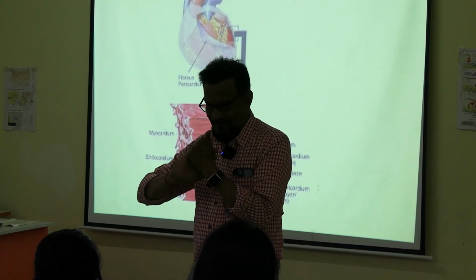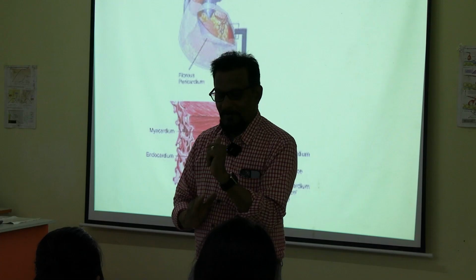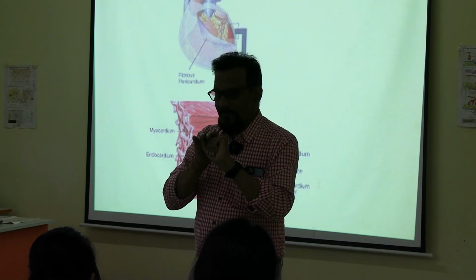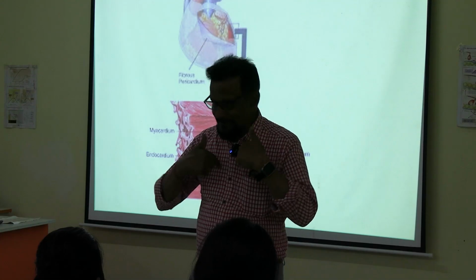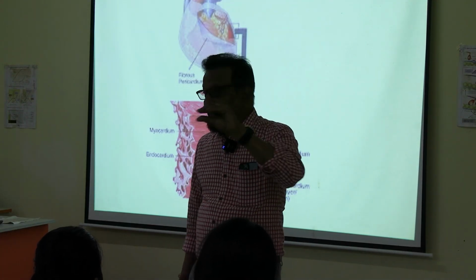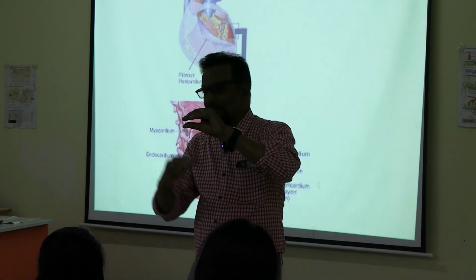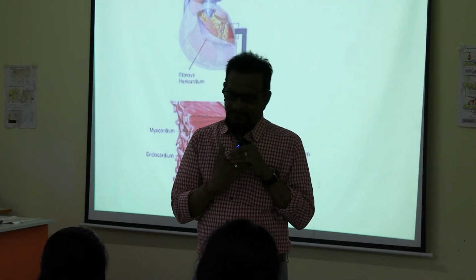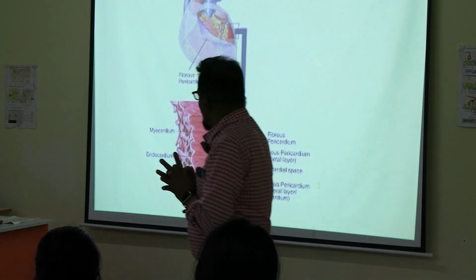Epithelial layer outside, connective tissue inside. Now think of the valves present in the heart. The valves also are made up of the same: outside is epithelial, inside there is connective tissue. Understand? Okay.